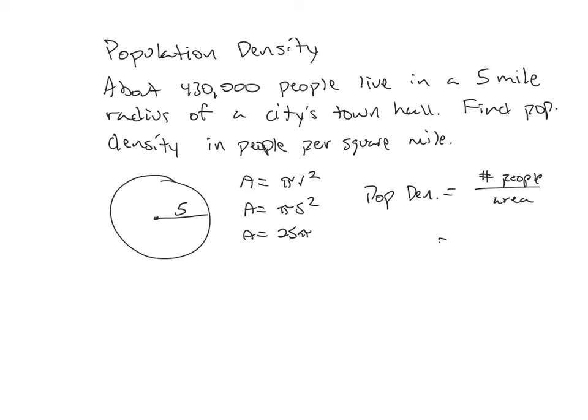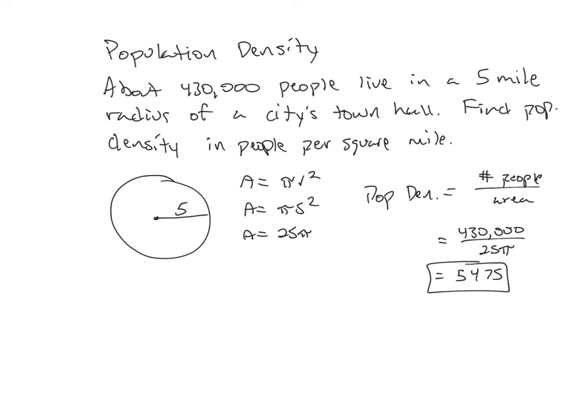So it really is just 430,000 divided by 25 pi, and you get about 5,475 people per square mile.